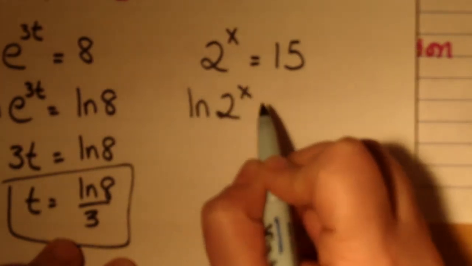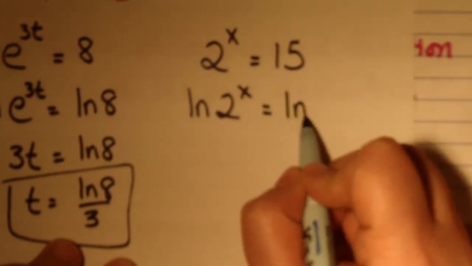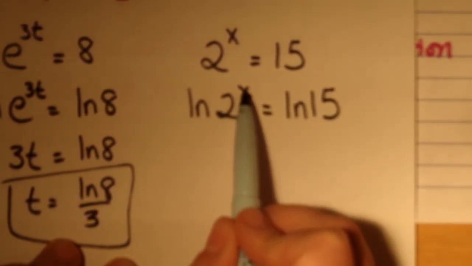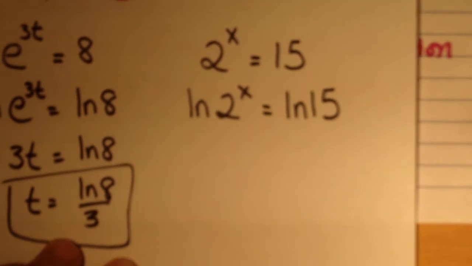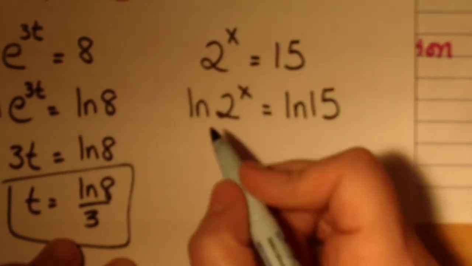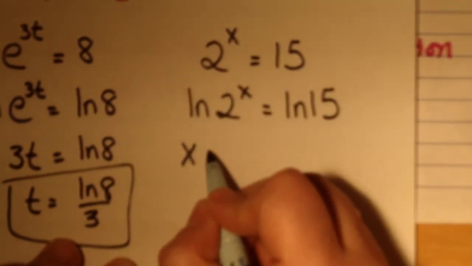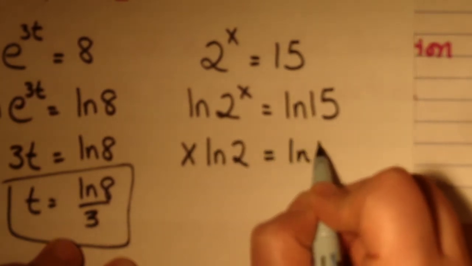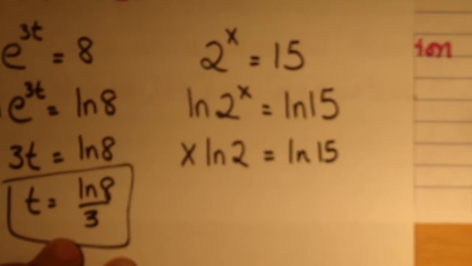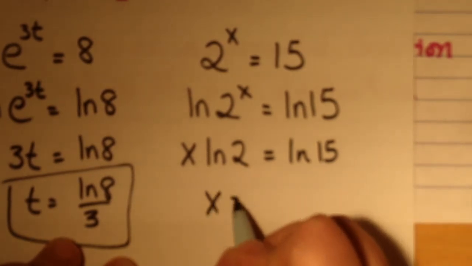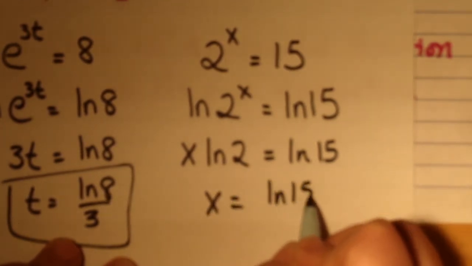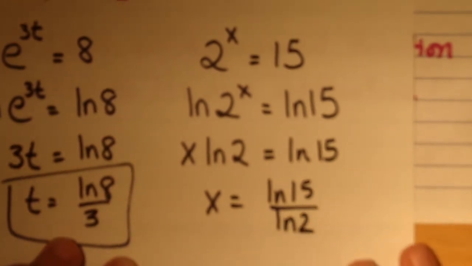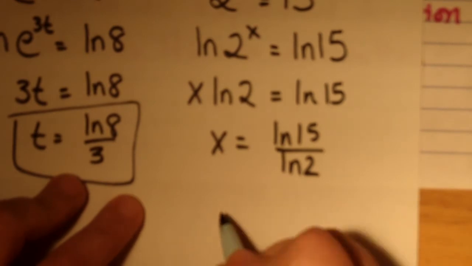If we take the natural log of both sides, that's all because natural log is the only function we know that lets us take this exponent. And by our rules of logs, we can rewrite that as x times natural log 2 equals natural log 15. So x equals natural log 15 over natural log 2. And I did take the final step of changing this to a decimal.